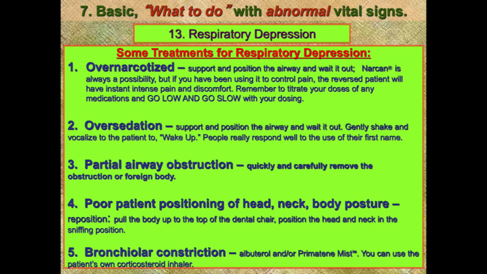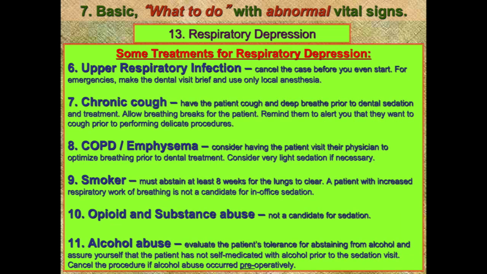If the patient's not in a proper position, help them get positioned in the chair so that they're exchanging air. If there's bronchiolar constriction, we're going to want to go ahead and administer an inhaler. With upper respiratory infection, consider canceling the case as we talked about earlier.